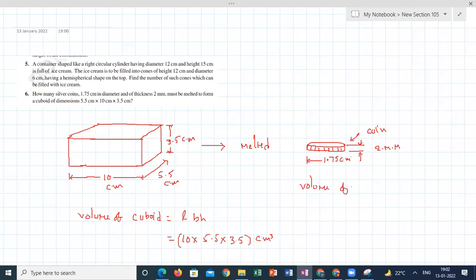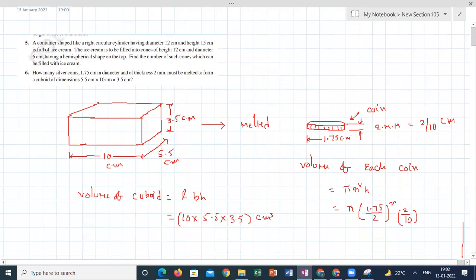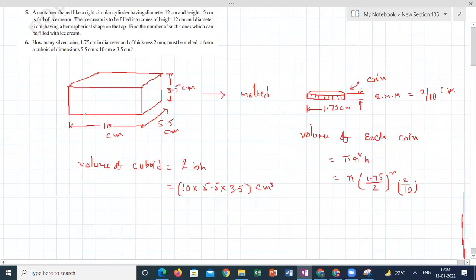Volume of each coin is pi r square h, because the coin is looking like a cylinder. Pi into (1.75 by 2) square into 2 by 10, because it is given in mm, which is equal to 2 by 10 centimeter. So he is asking how many coins we can make from this cuboid after melting.